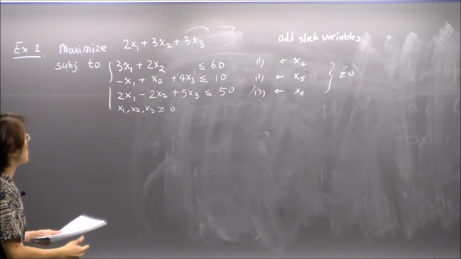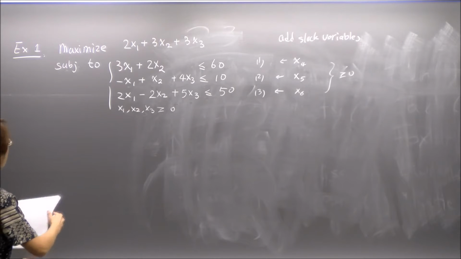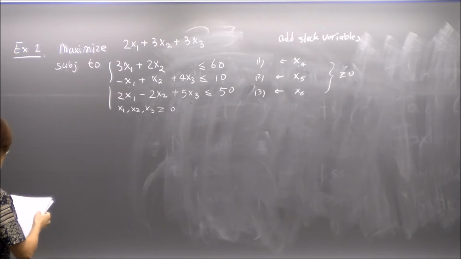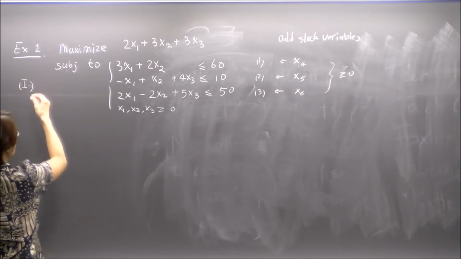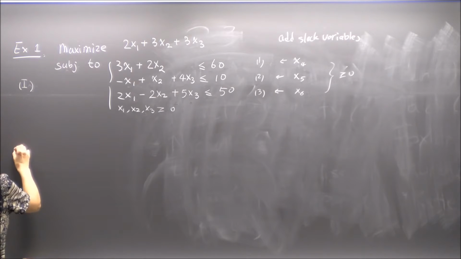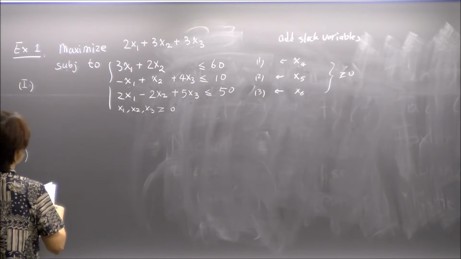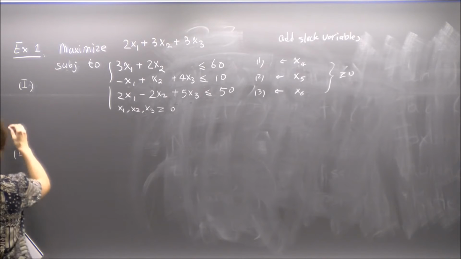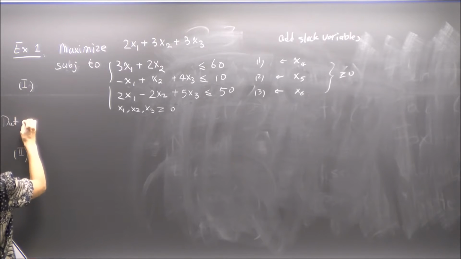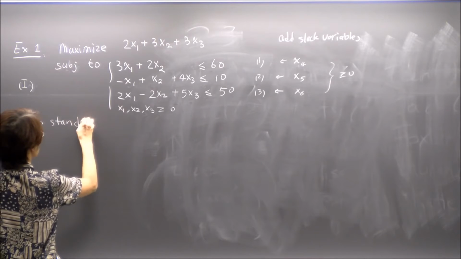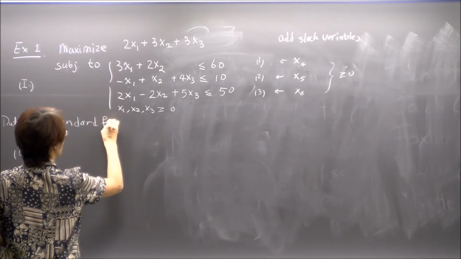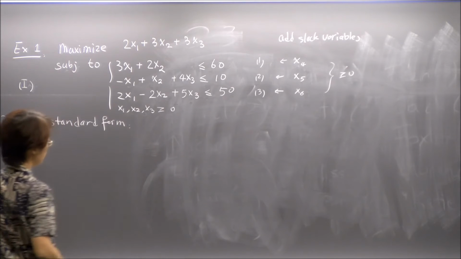Okay. So once we have done all that by adding slack variables, let's say this is problem 1, and then I will get the second problem. Now I have a new problem. I would first put it into standard form, okay, that's what I will do.